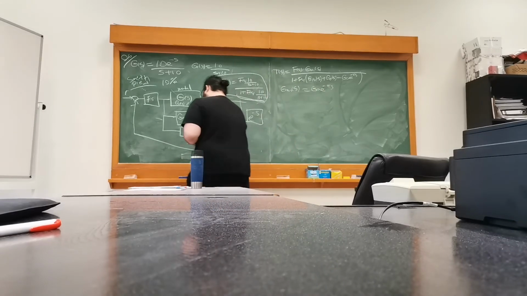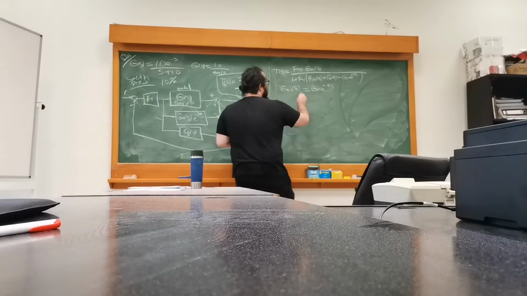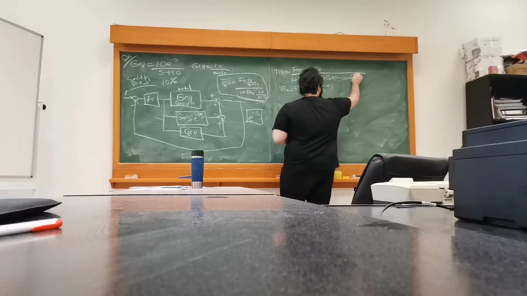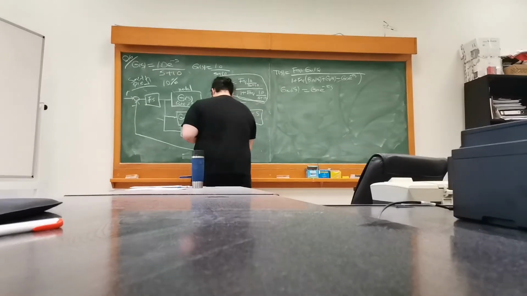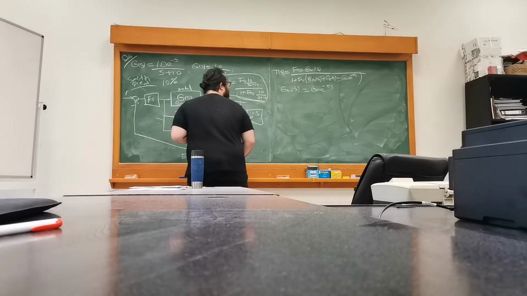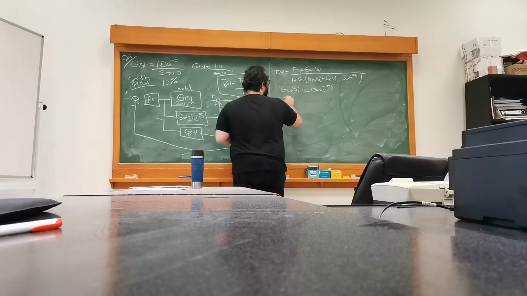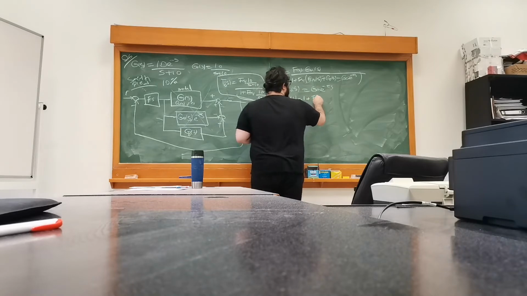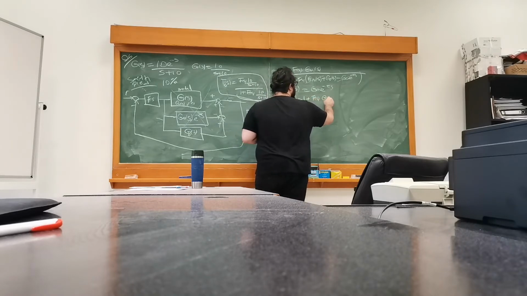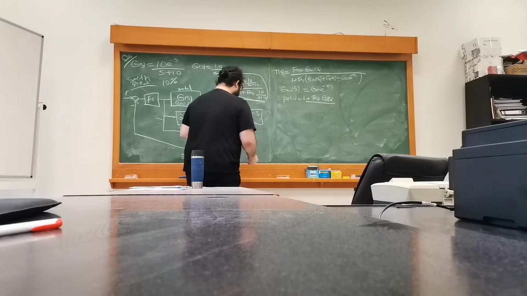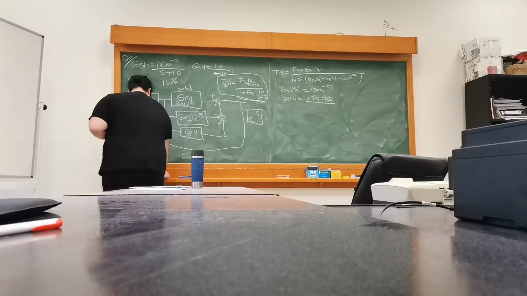Therefore, this part and this part will cancel each other out. You will get the characteristic polynomial equal to 1 plus F(s) G0(s), which is a polynomial we can use to design our controller.